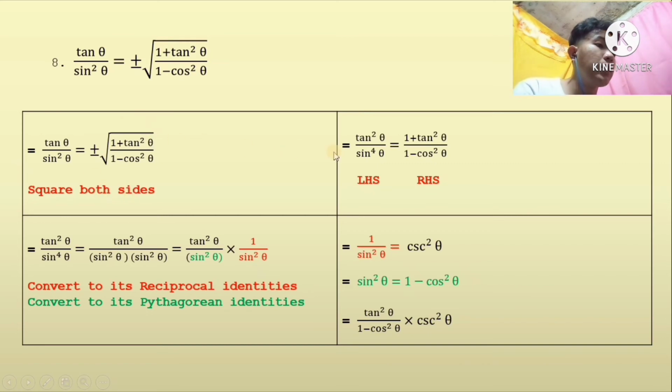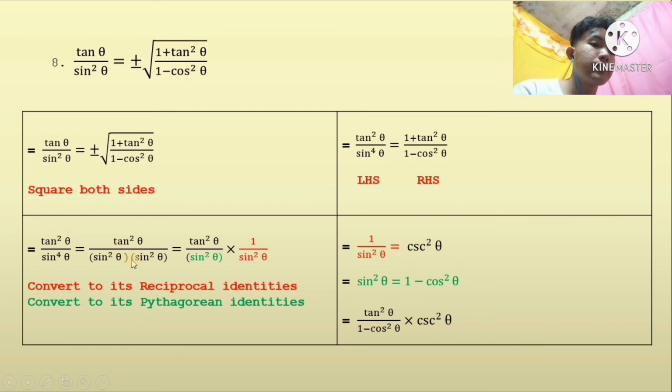So our equation will be, the left hand side will be tan squared theta over sine raised to 4 theta is equal to its right hand side, which will be 1 plus tan squared theta over 1 minus cosine squared theta. So let's use the left hand side to prove. So tan squared theta over sine raised to 4 theta.